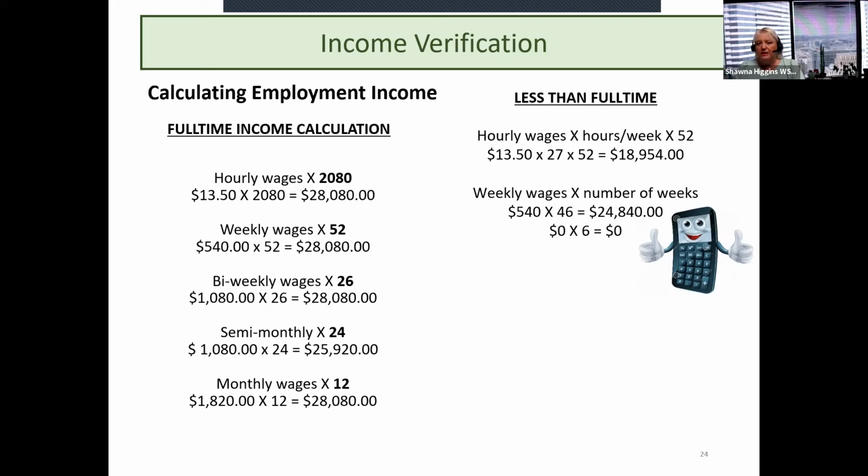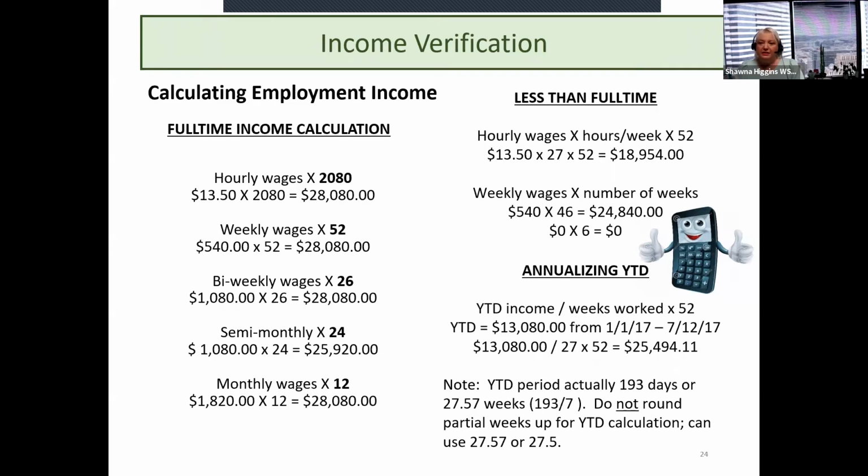Now you're going to want to find out the difference between how many work weeks they work in a year versus the 52 weeks. For instance, this person doesn't work for 6 weeks. Well, what is that person doing during those 6 weeks? Are they getting unemployment? Are they going to live off of their savings account? You'll definitely want to make sure to note the file.